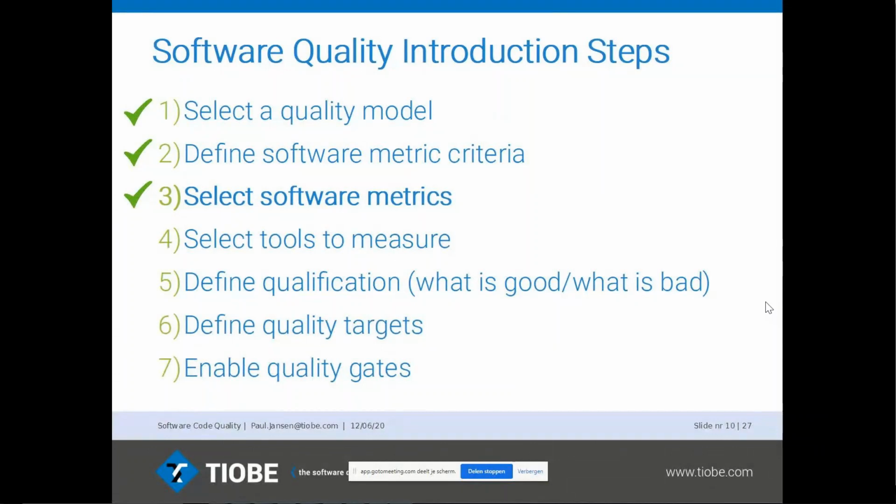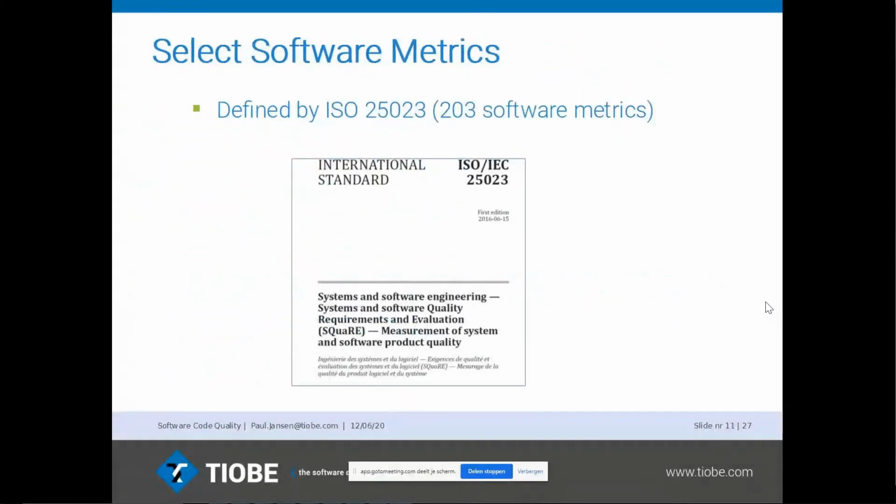Then we can go to selecting software metrics. And we are quite lucky. If we have the quality model, the 25010 standard, and we are going for software metrics, then about 5 years after the release of this ISO standard, the ISO committee came with a new one, the ISO 25023.